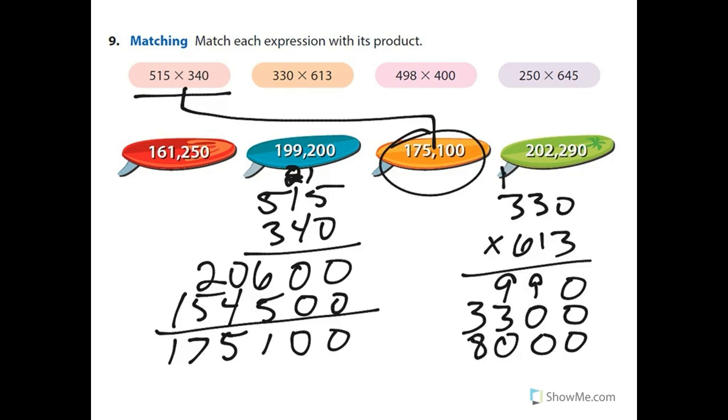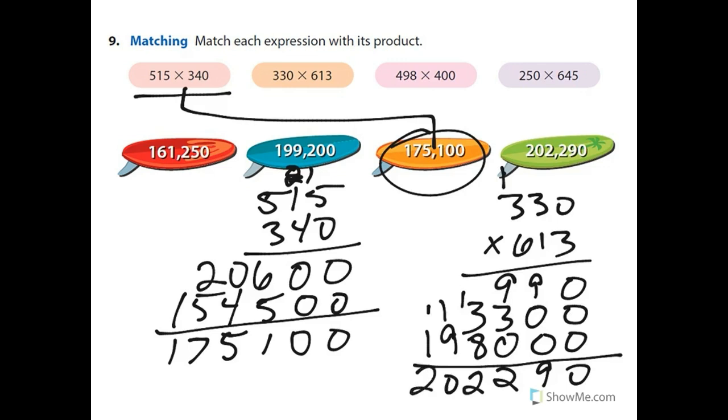Carry that 1. 6 times 3 is 18. Plus 1 is 19. So we get 0, 9, 12, 4, 12, 0, and 2. 202,290. There we are.